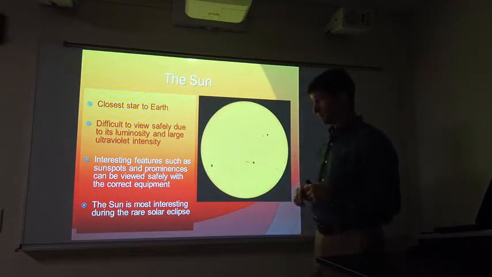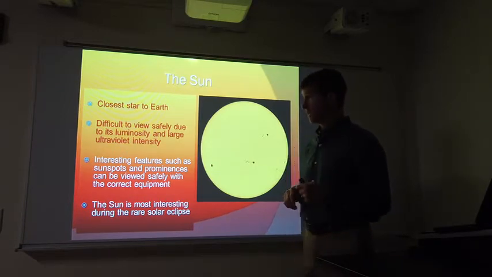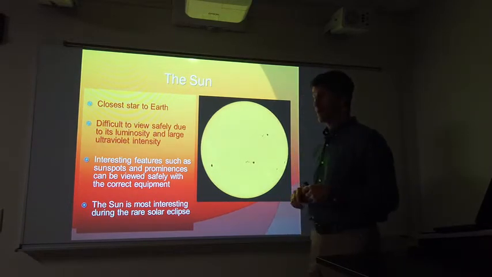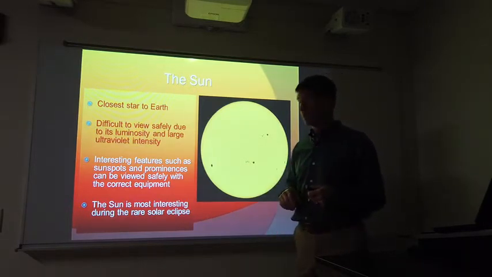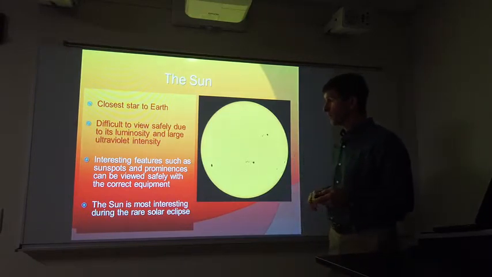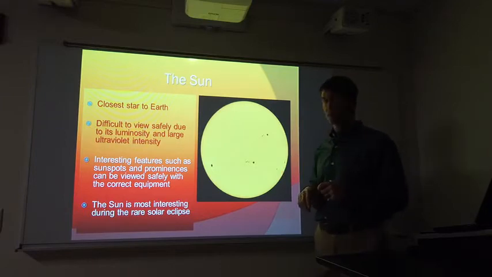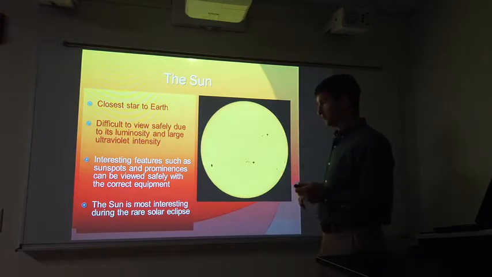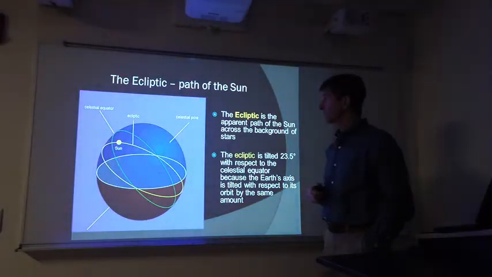You will damage your retina, and this damage is not repairable. Interesting features such as sunspots and prominences can be viewed when you have the correct equipment to view them safely. Of course, the sun is most interesting when we look at it during a solar eclipse.